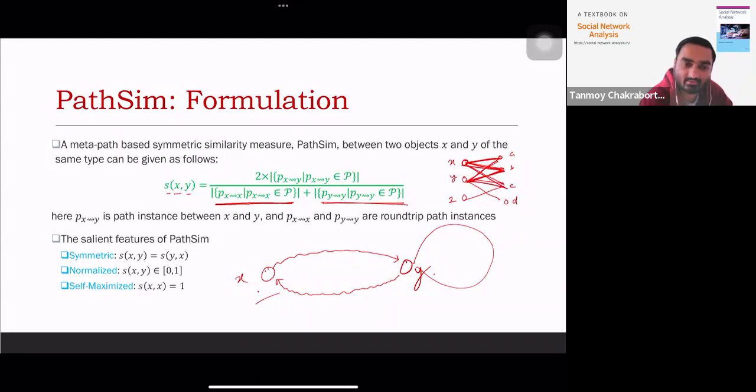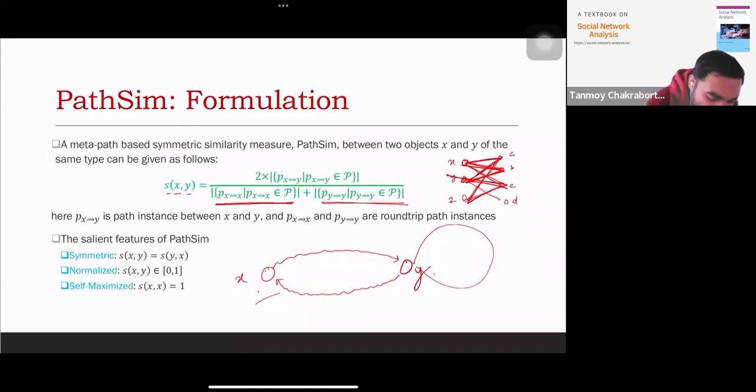By the way, in this particular case, we fix the length of the metapath as well. It is not that we take any arbitrary length, right? Say we are only allowed to take a metapath of length 4, for example. So here you also see for Y, there's a round trip metapath. So let's say there's a connection like this to this to this to this.